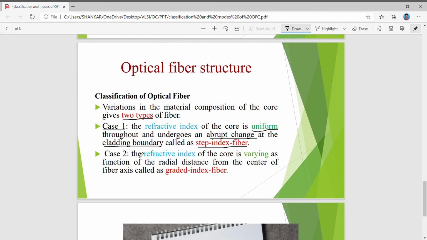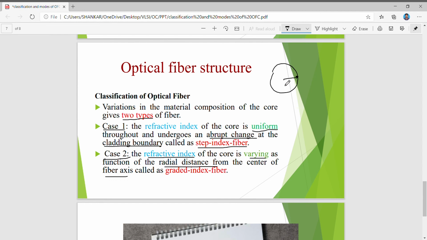And in case 2, the refractive index of the core varies as a function of the radial distance from the center of the fiber axis. That means, suppose this is the core which has an axis. From the center of this axis, it has some radius. So the refractive index of the core varies as a function of the radial distance.